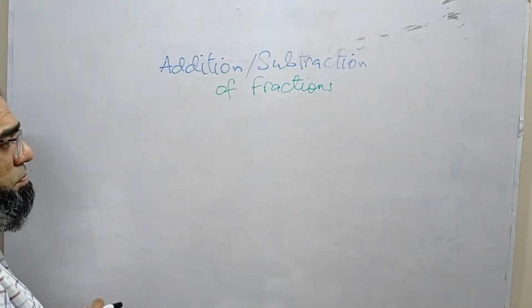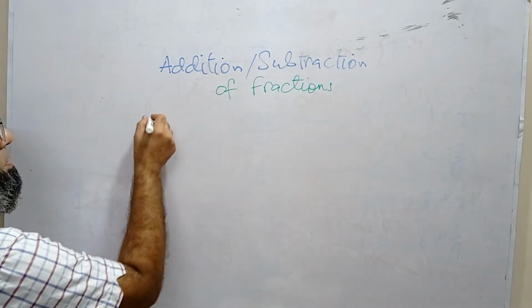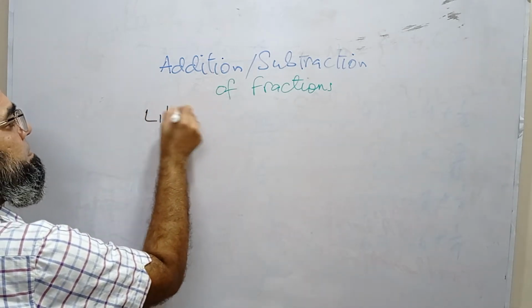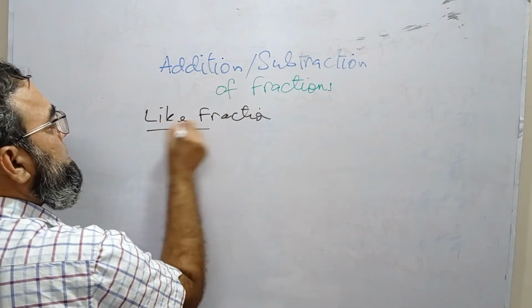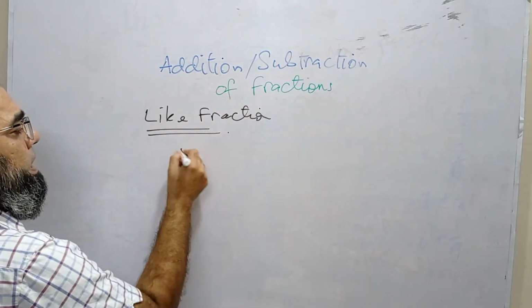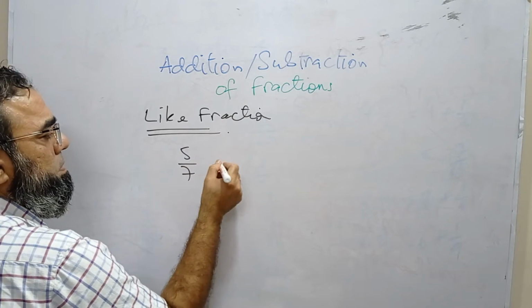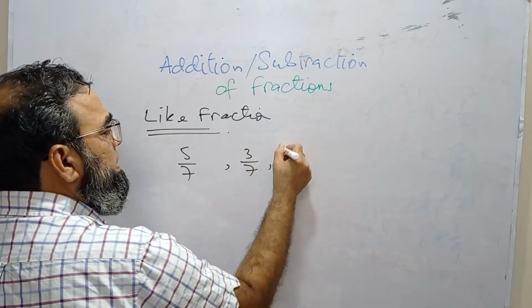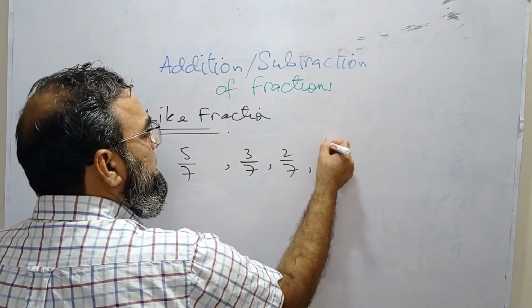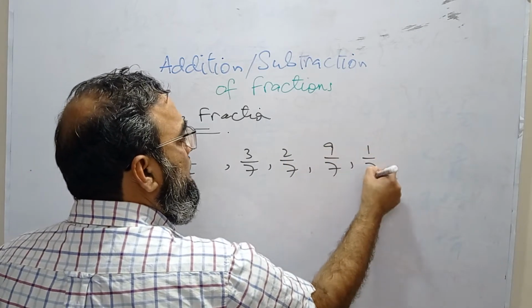So first of all let me tell you about the like fractions. Suppose you have 5 over 7, then 3 over 7, then 2 over 7, 9 over 7, 1 over 7.